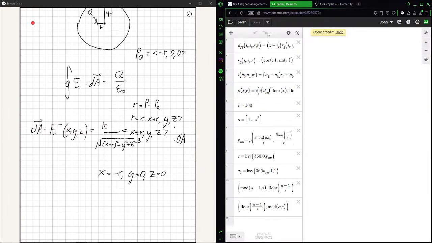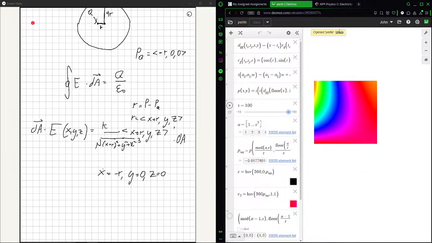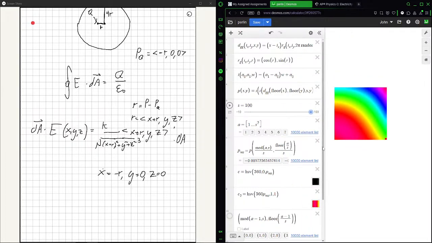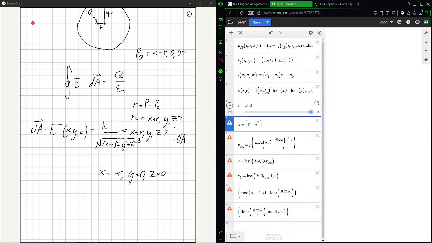Oh wait, Perlin noise. Do you know what Perlin noise is? You definitely do. Do I know what it is? No, what is that? It's this. One sec, let me fix this actually.